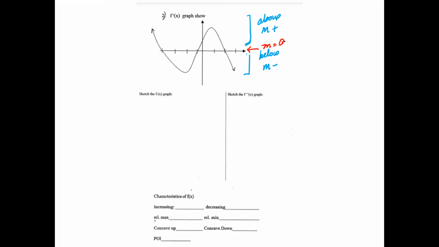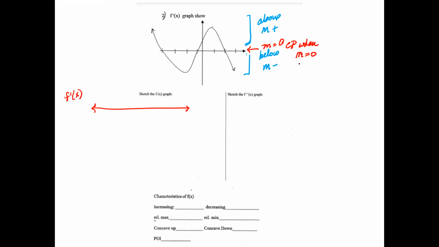All right, so my first part here is to sketch the f of x graph. So what I'm going to do is a sign line for this f prime of x. Remember, you're looking at the critical points, which is when slope is equal to 0. So I'm not looking at the max and min.